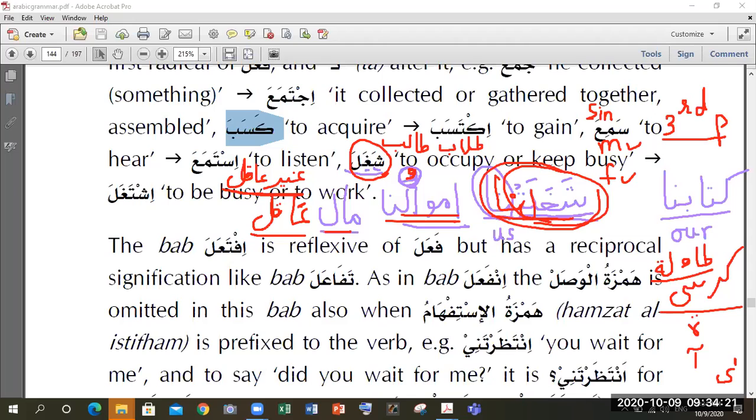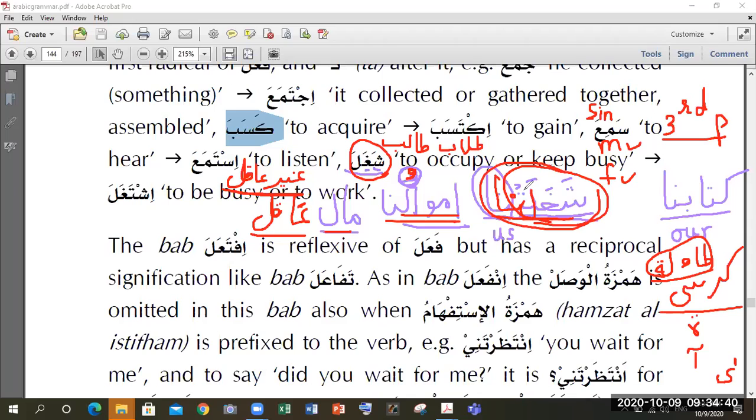So if I say my table kept me busy, our table kept us busy, we will use shagalat, because it's a female noun after that.